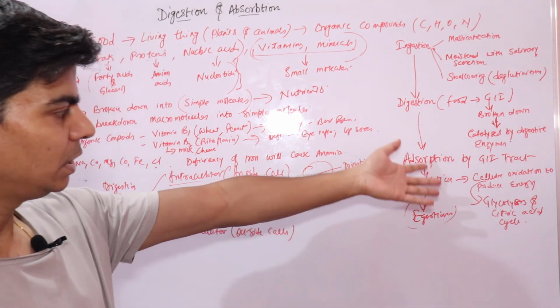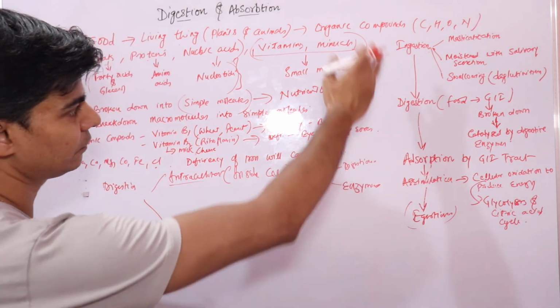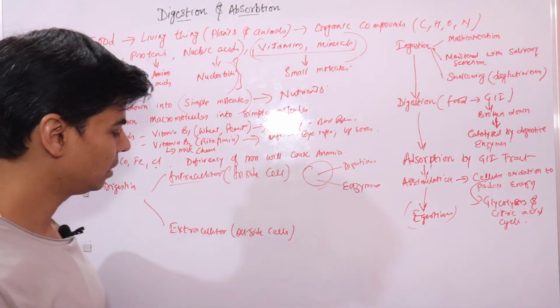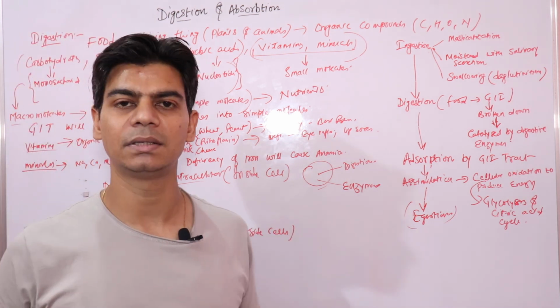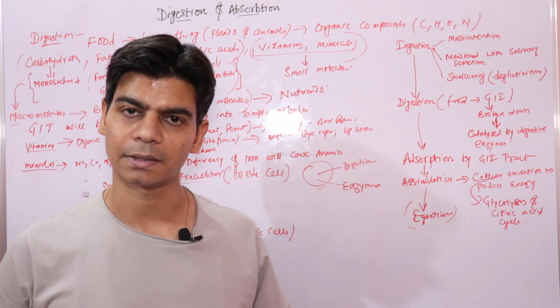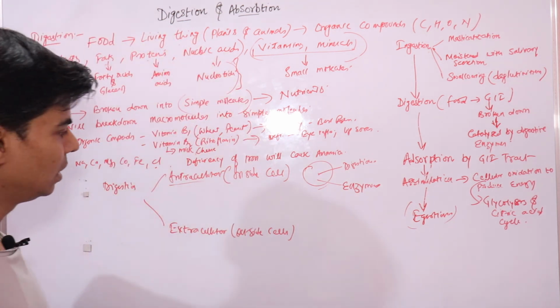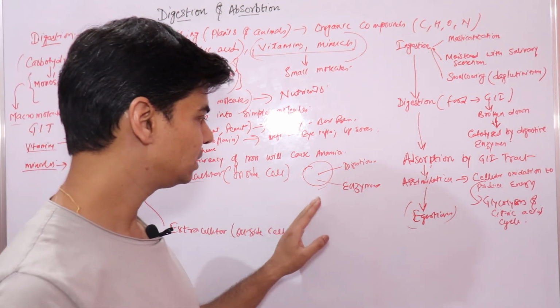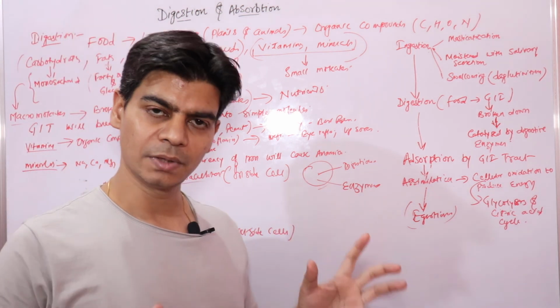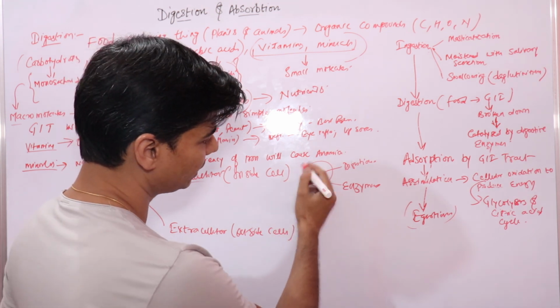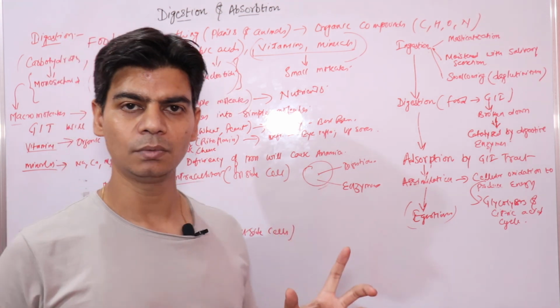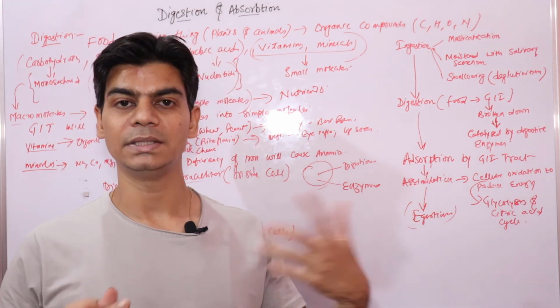Normally, in our case, what we have discussed here is extracellular digestion that happens outside the cells in the digestive tract. Intracellular is when digestion takes place within the cell, and within the cell we have enzymes that will help digest the food.